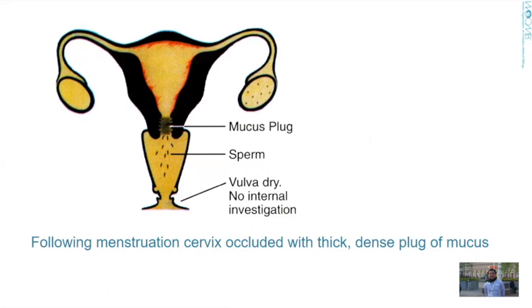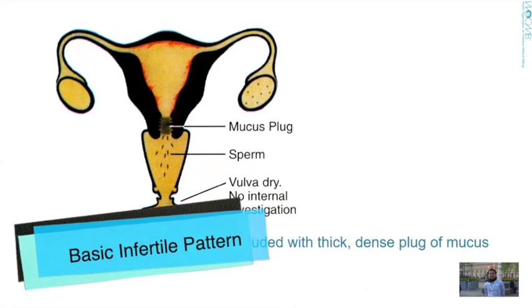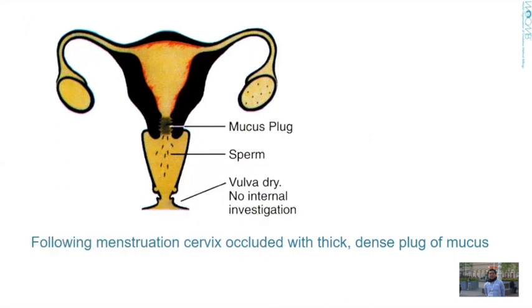After menstruation, we have the second phase of the cycle, and we call it the basic infertile pattern, or BIP. That is the color green after the menstrual bleeding, the color red. So BIP means the cervix is closed by the mucus plug, impenetrable, the sensation is dry, and BIP comes immediately after menstruation.